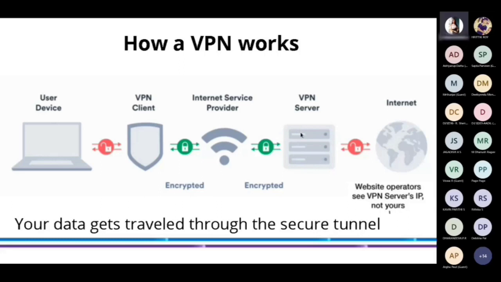After leaving the VPN server, the connection gets unencrypted and reaches the destination that you want to visit. The VPN server's IP will be shown and not your original IP. So in short, it is like creating a secure tunnel to travel your data.